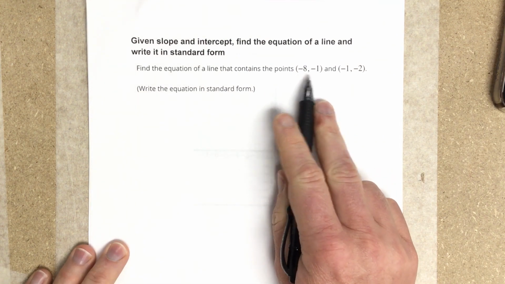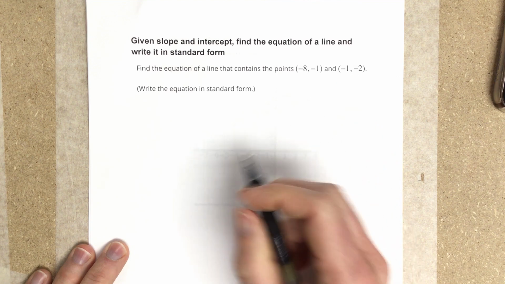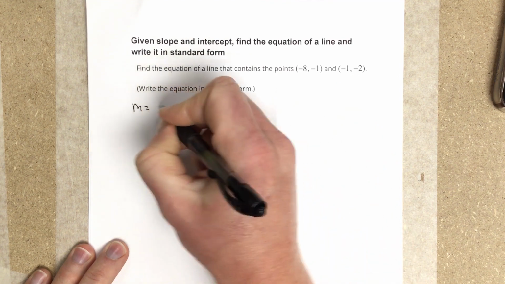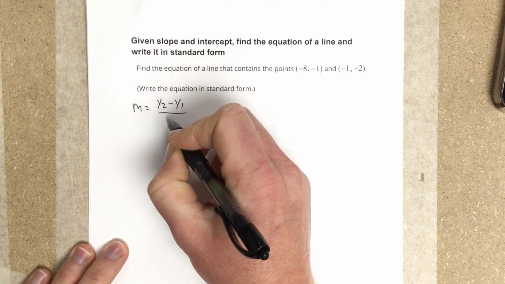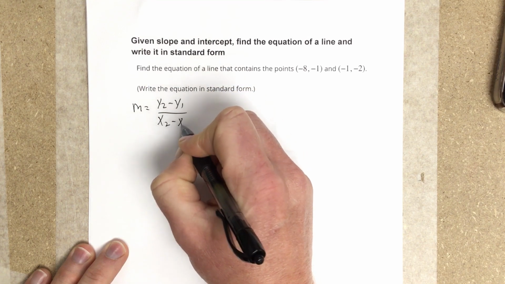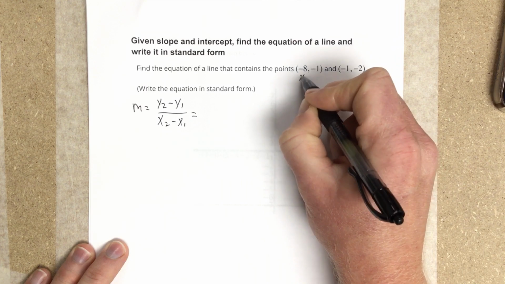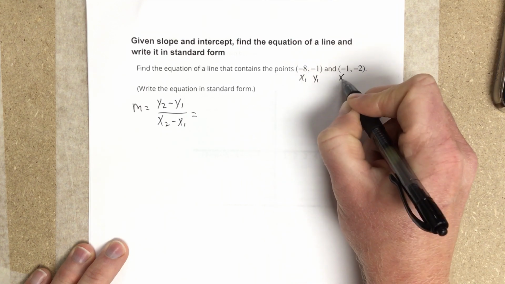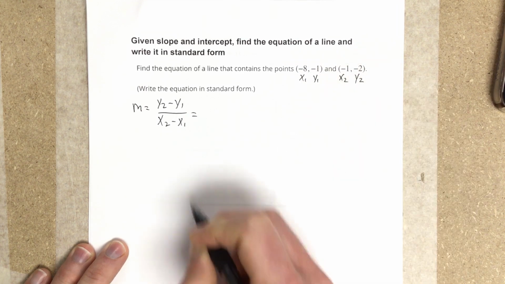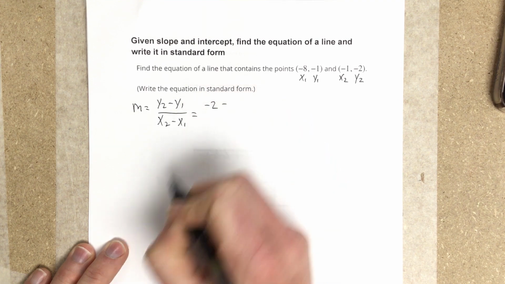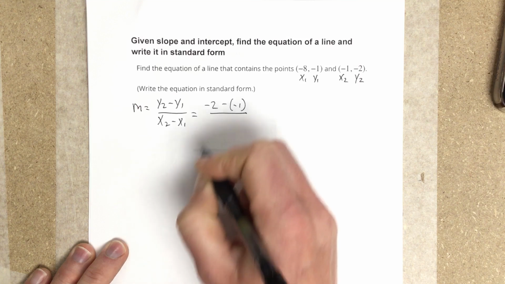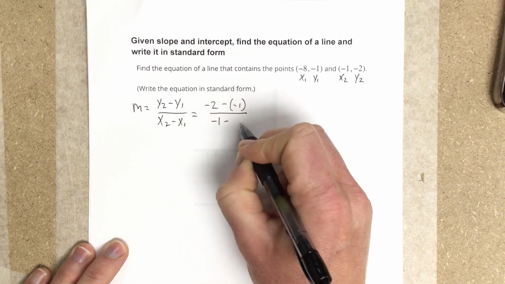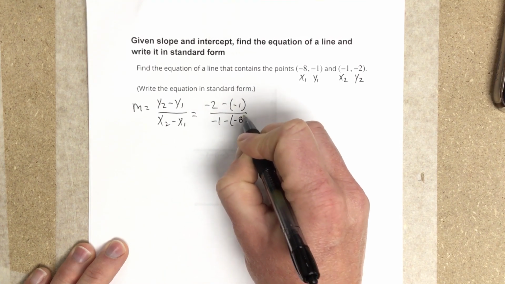So we have negative 8, negative 1, and negative 1, negative 2. Let's write down the slope equation. We got y2 minus y1 over x2 minus x1, with x1, y1, x2, y2. So we have negative 2 minus negative 1 over negative 1 minus negative 8.